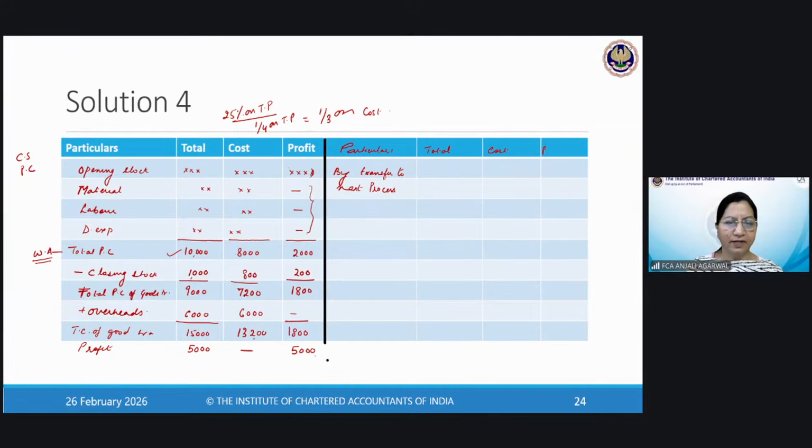And now you are adding another profit of 5,000. So by transfer to next process, 15 and 5, 20,000 of goods costing 13,200, and which has a profit of 6,800. Okay.